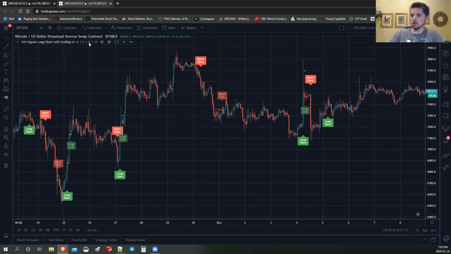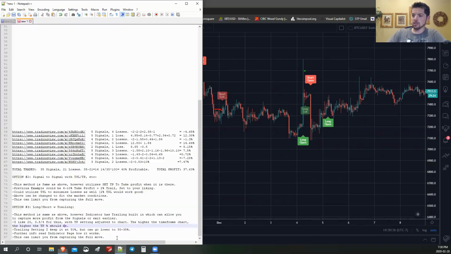So, the other thing that you could say is with the higher the time frame chart, the higher the take profit percent should be. But if your take profit isn't reached, then you are forced with either a stop loss or an auto reverse. So the other thing that you could look to realistically do is you could set a low take profit.